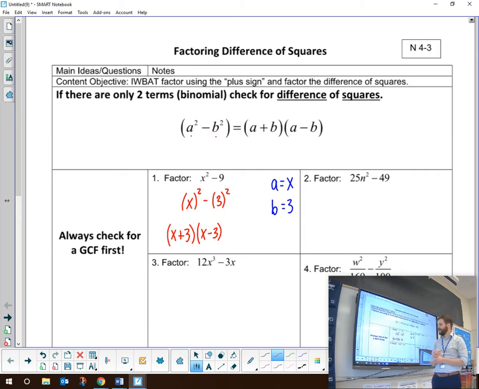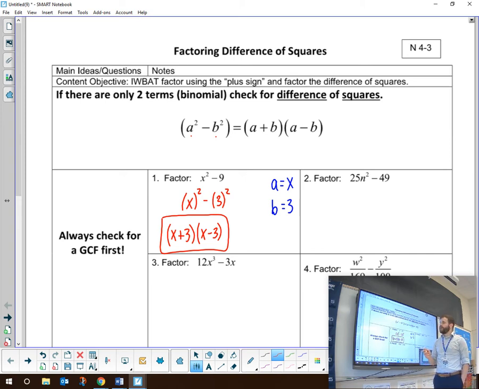Just like that, okay? x plus 3 times x minus 3. My first number that was squared plus my second number that was squared, times my first number minus my second number. Okay, and that is how you factor out difference of squares.